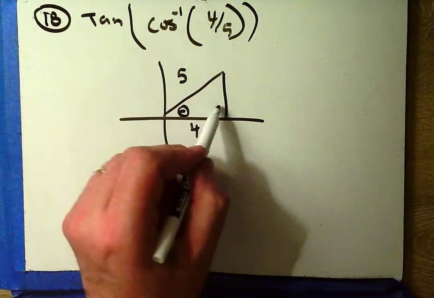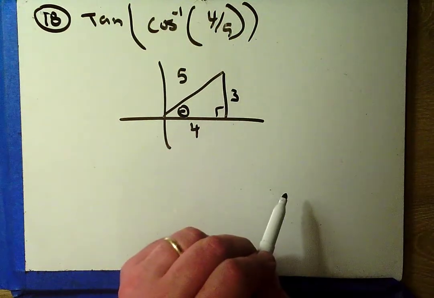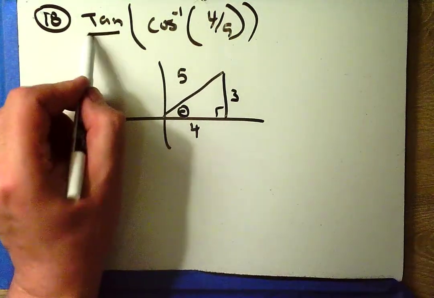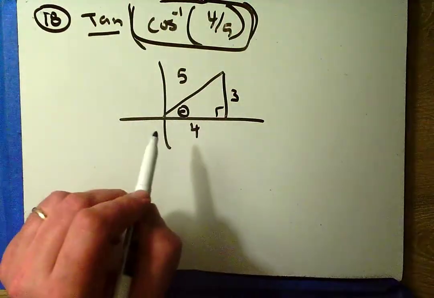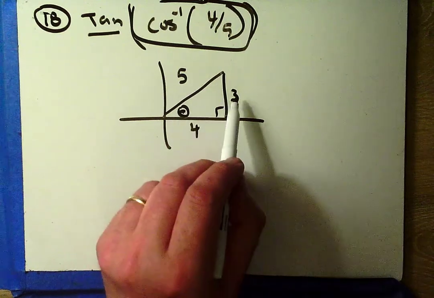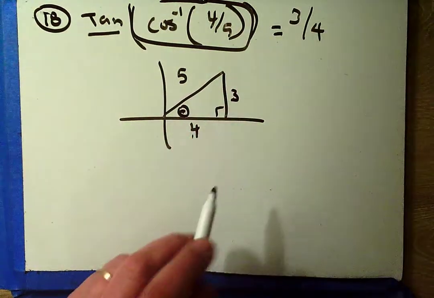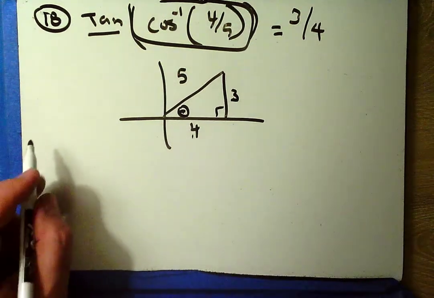I use the Pythagorean theorem or my knowledge of Pythagorean triples to find this side as 3. And then I say, okay, what's the tangent of that angle? The tangent in this picture is opposite over adjacent, or 3/4.